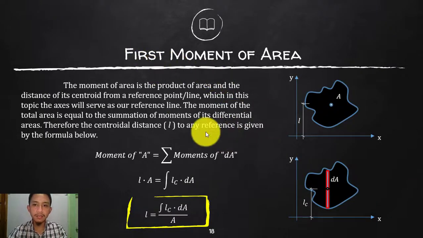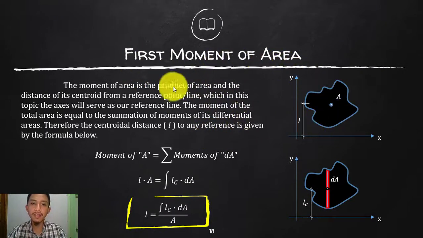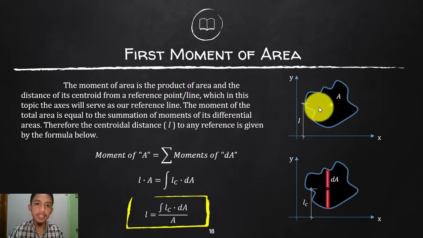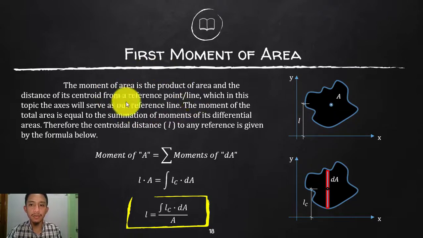Okay, so let's talk first about first moment of area. The first moment of area is the product of the area with its distance to the reference point. Since we are talking about the area, that distance is located to the centroid.